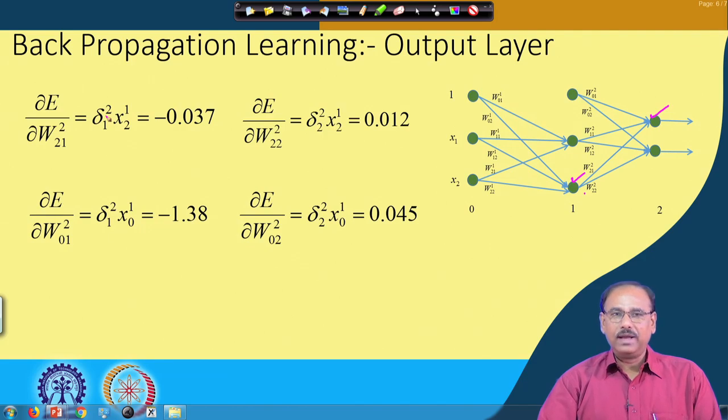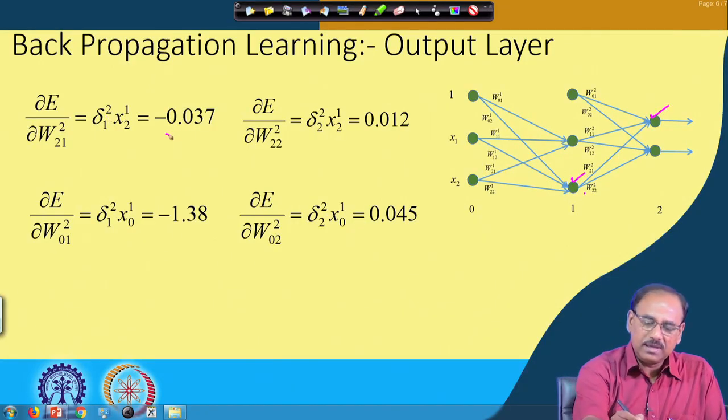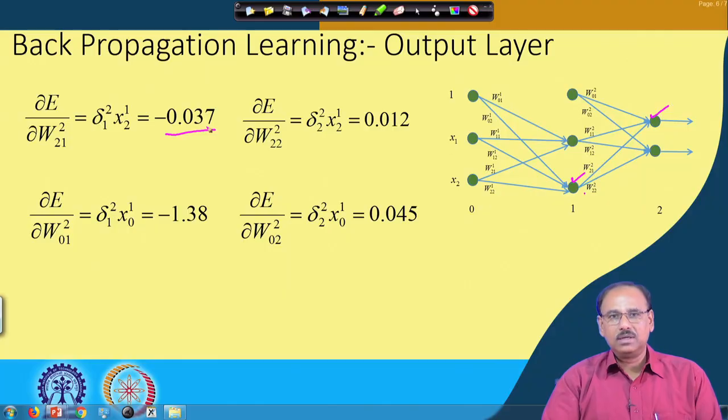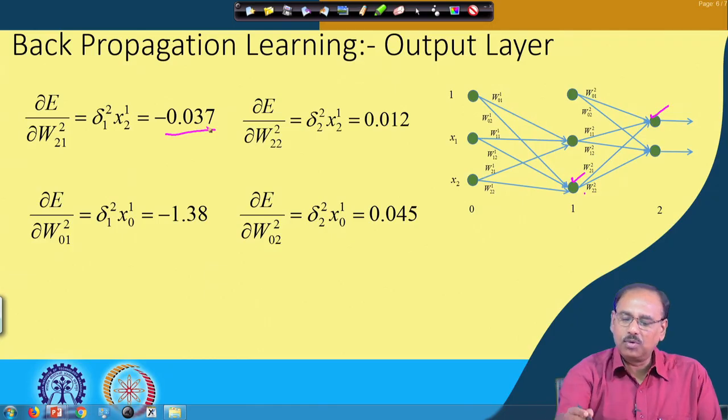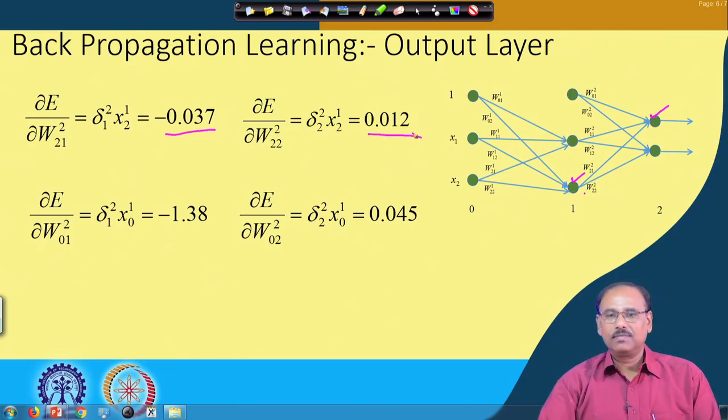And here again you find that del E del W212 comes out to be negative, which is minus 0.037, and del E del W222, the connection weight from the second node in the hidden layer to the second node in the output layer, is positive.